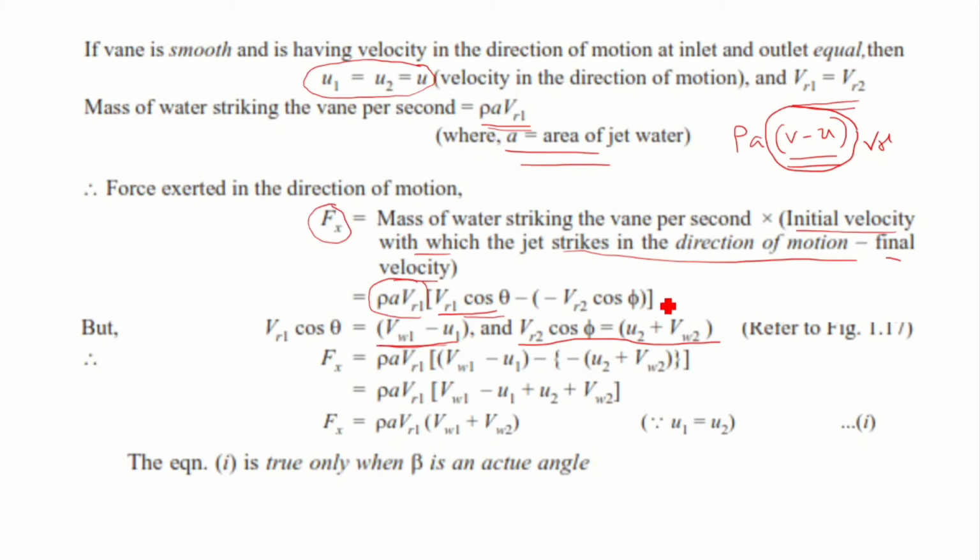Substituting in this equation, the term becomes rho A VR1 times VW1 minus U1, minus of U2 plus VW2, because there is a negative sign here.